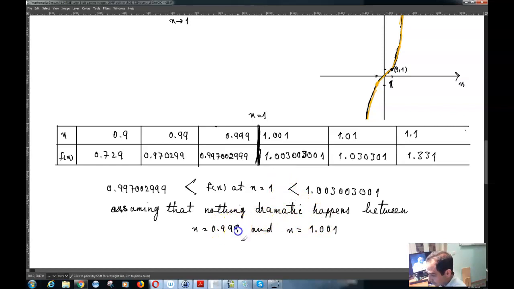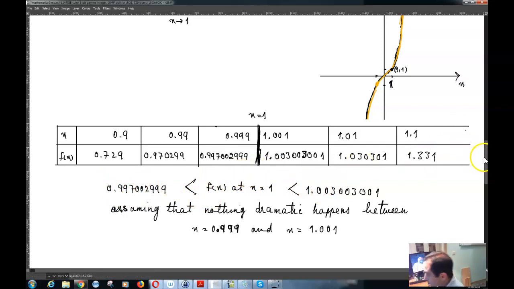Having made that assumption, you can deduce that the value of the function at x equal to 1 is between these two values. Okay.